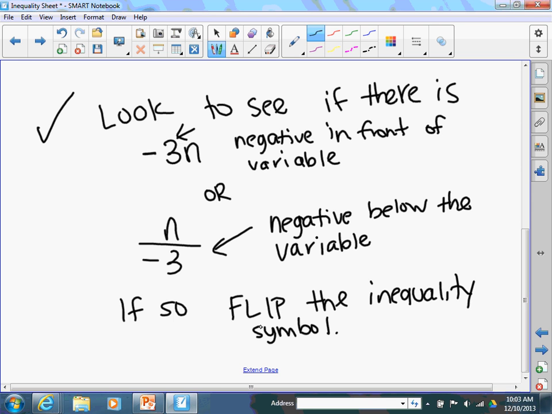Okay? So 2 things. Make sure the variable is on the left. Then we have to look and make sure there's not a negative number in front of the variable or a negative number beneath the variable. If so, we have to flip the inequality symbol. After we do those 2 checks, we take care of that business, we're ready to solve.